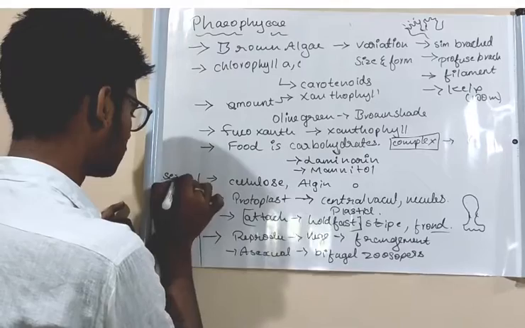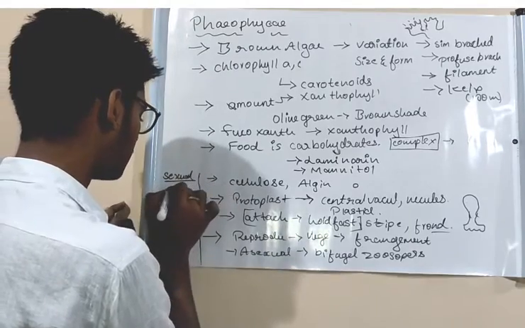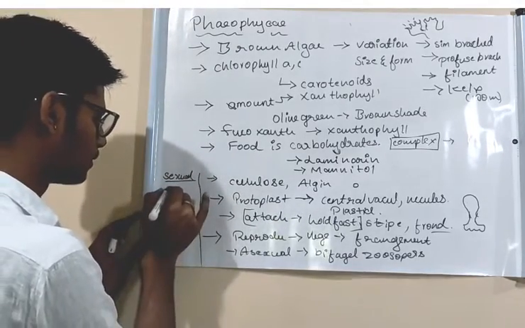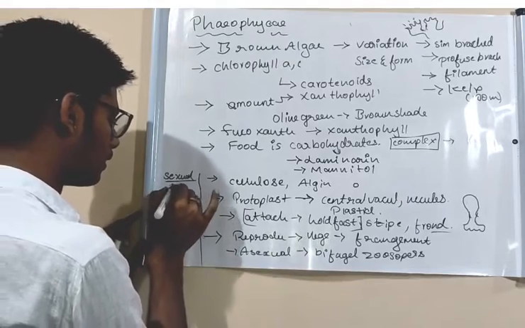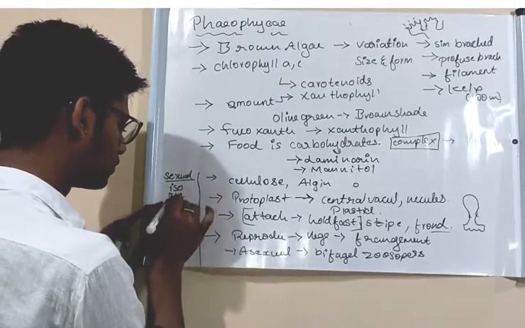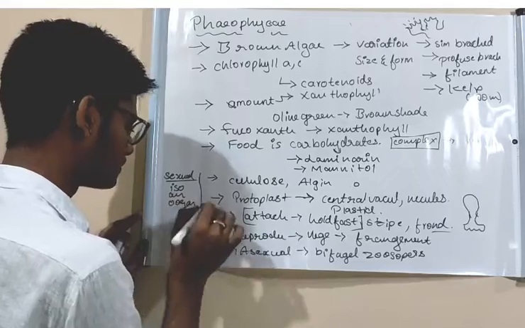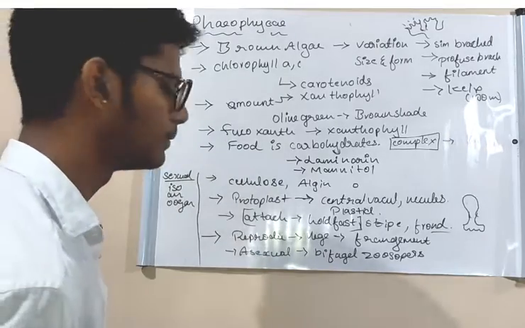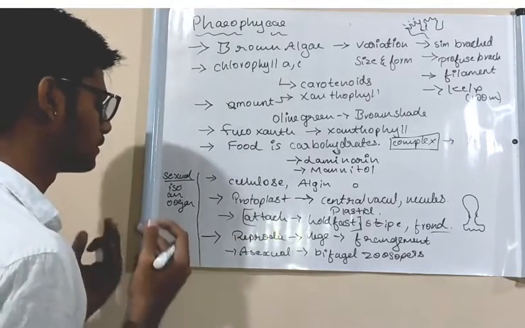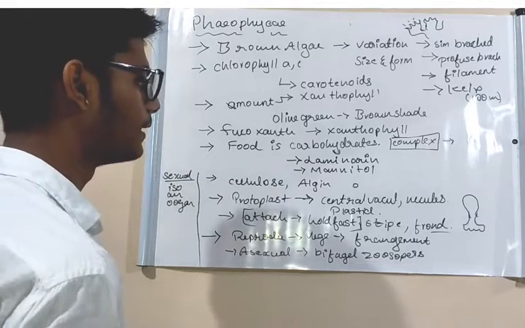And if you see the sexual reproduction, it may be isogamous, anisogamous or oogamous.